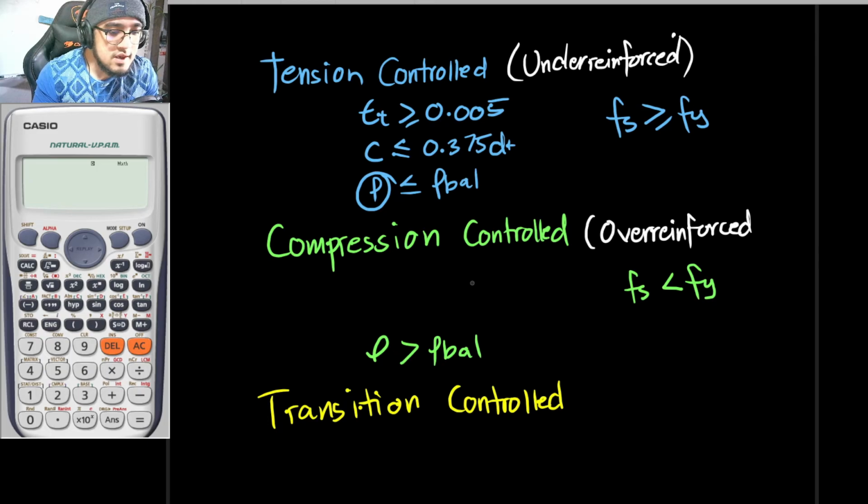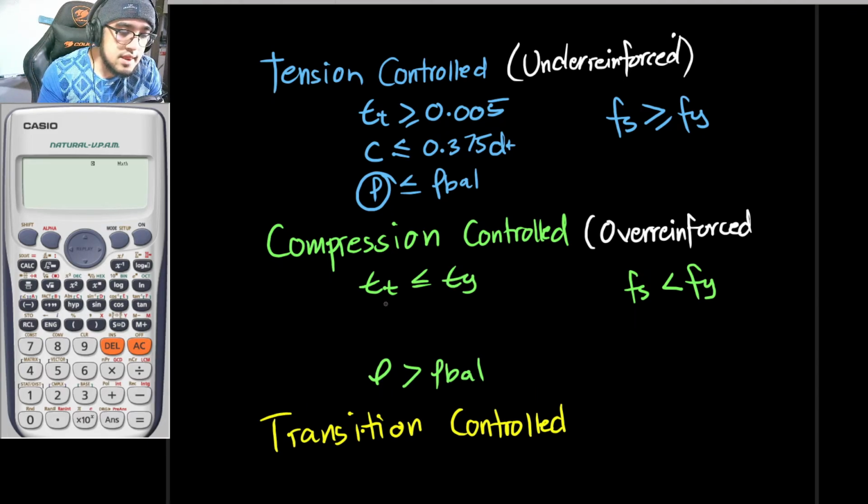Here, guys, we can say in compression controlled that strain εt is to be less than or equal to strain εy. Strain εy is equal to fy divided by E, or fy divided by 200,000.